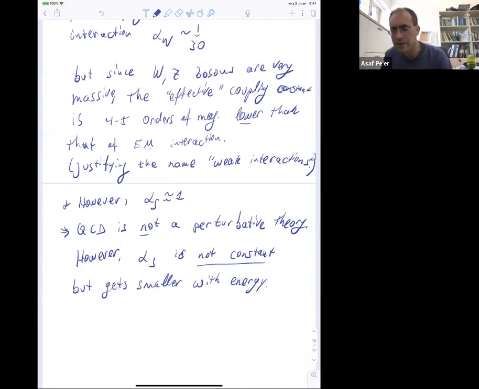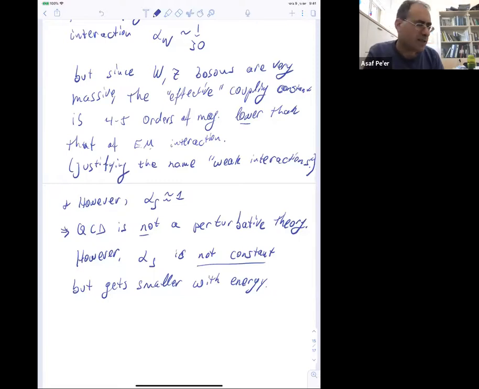So that means that at high enough energies, this is known as the running coupling constant. And that means that when we go to high enough energies, we can go back and use perturbation theory. It gets better and better with energies.